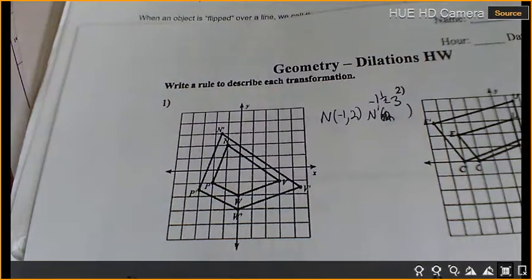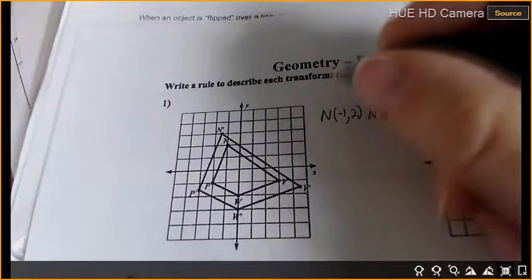What happened to that? Why does it look like that? What rule can we look at and say, oh, that's what's happening? Is there a number we could multiply that by? Times 0.5. So this is the rule.